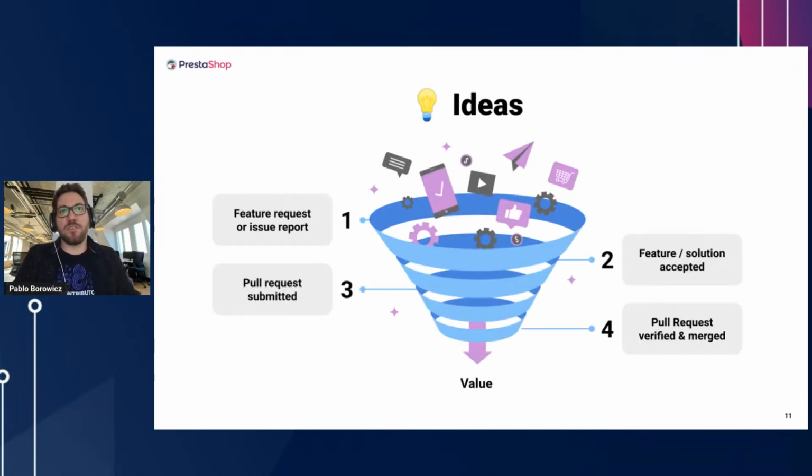If we go back to this funnel, there are decisions to be made about whether the feature should be part of the project or not, how this feature works with the rest of the software, or whether the behavior that is chosen is the right one for the project or not.